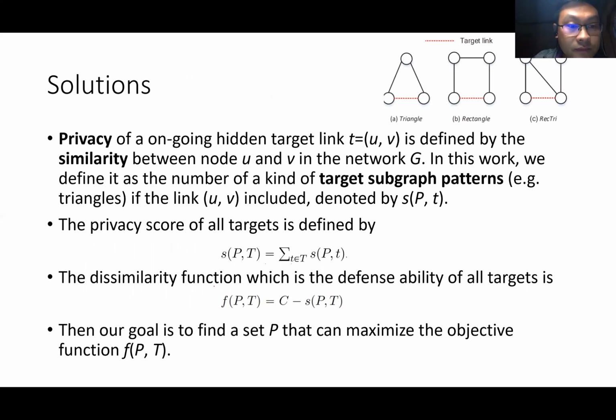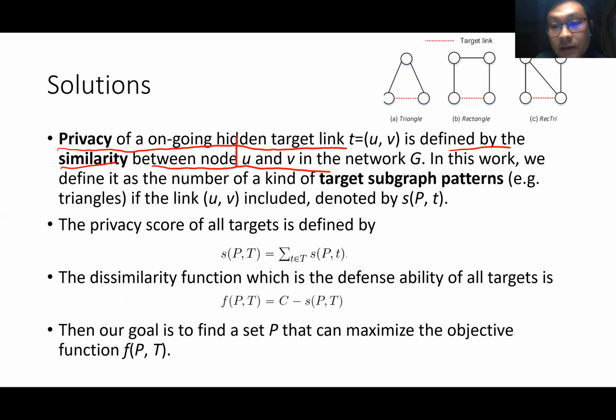Firstly, we consider the privacy model. In this work, we define the privacy of a hidden target link T by the similarity between the nodes U and V, because high similarity means high risk to the privacy of a target link.